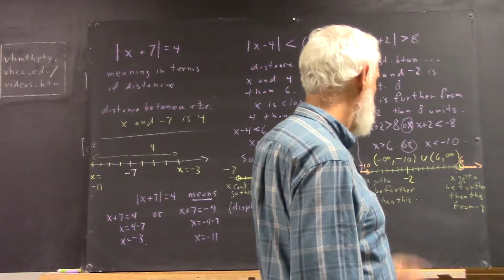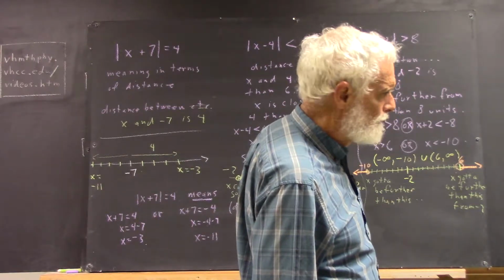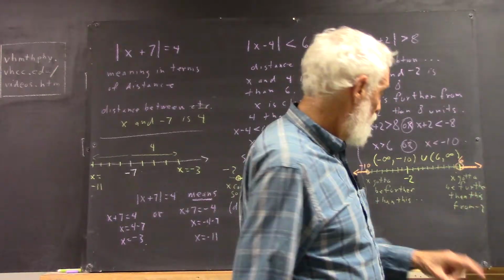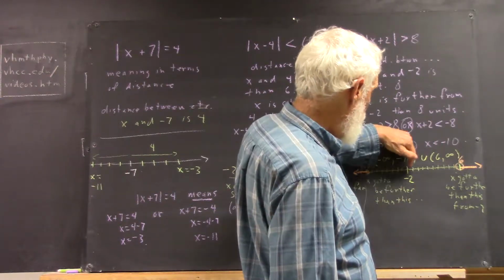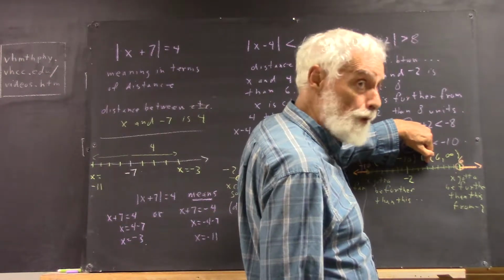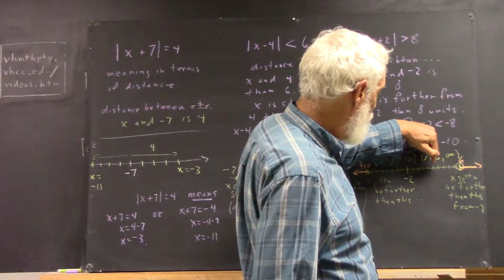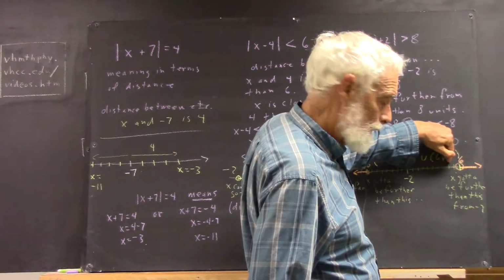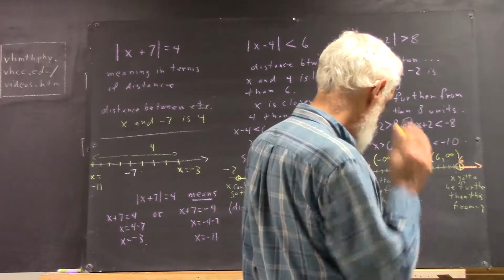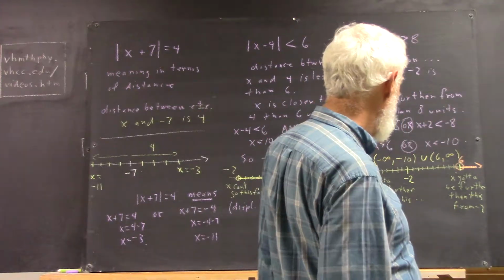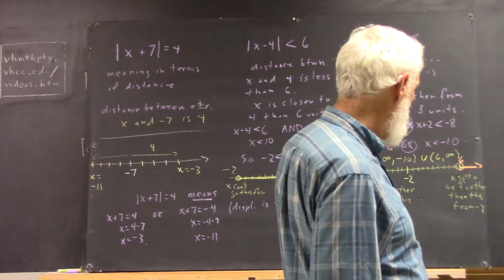Wait a minute. That made no sense. Again, from negative 2, we have to count 8 units. So we get negative 1, 0, 1, 2, that's 4 of them. And then 3, 4, 5, 6. That's 8 units. So why do I have all these marks? That's more than 8 marks.